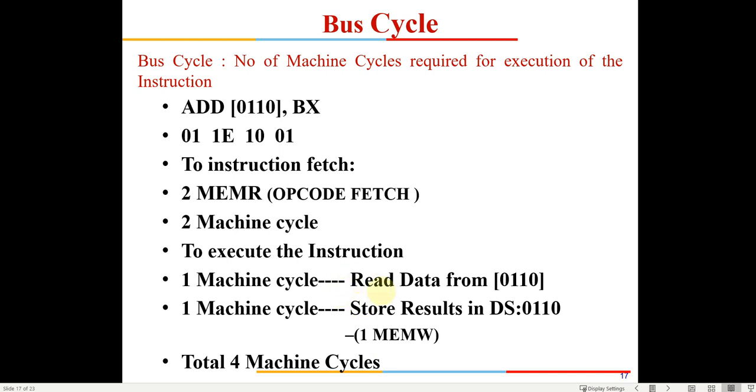You can just compute the number of memory read operations, memory write, input output read, and input output write. The only difference would come in indirect addressing: apart from read and write operations, if it is an indirect mode of operation, then you need to add one more machine cycle to generate the physical address. Is that okay?